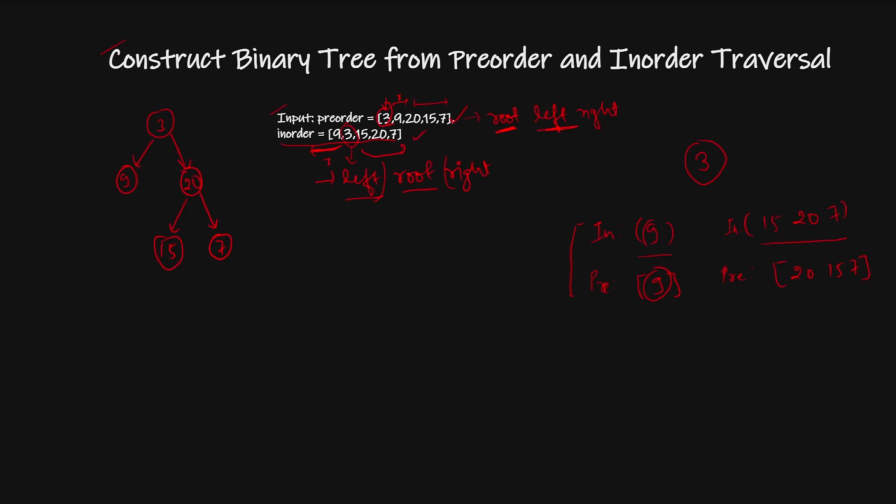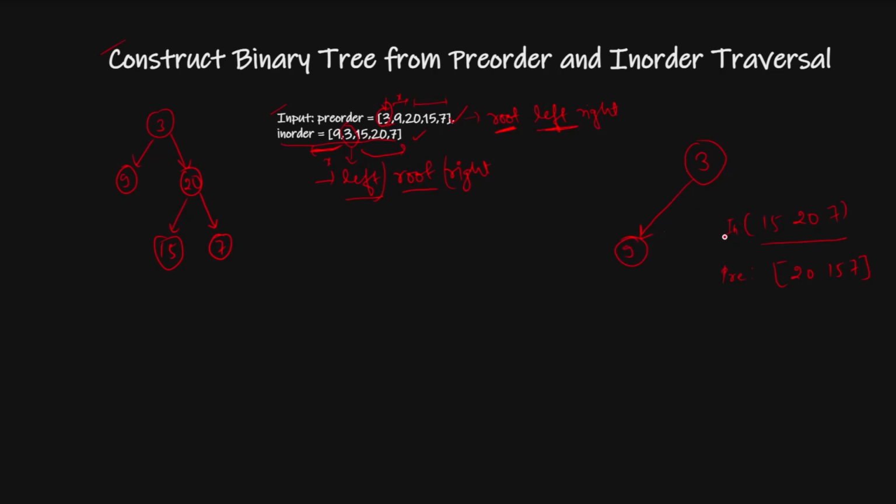So before this will be my left, and after this will be my right. But here before this there is nothing, and after this also there is nothing. That means it is null. Its left and right child are null, so I have only a single node here. So this will return, and when it returns, I will make this link: I will make this root's left point to this.